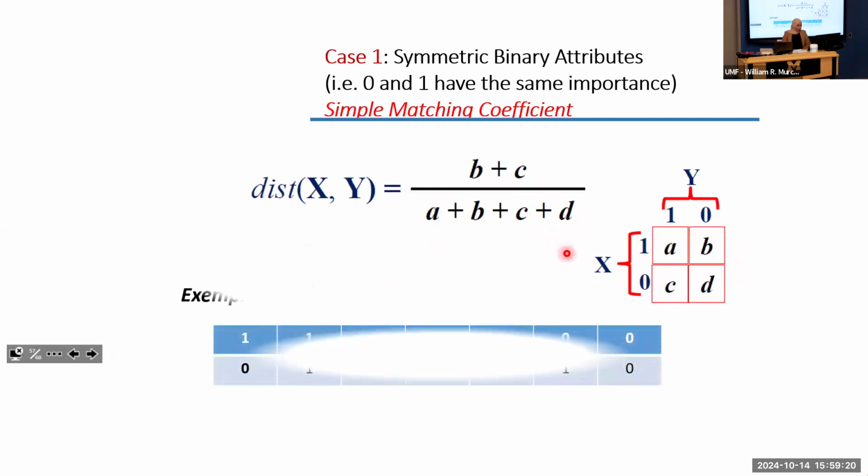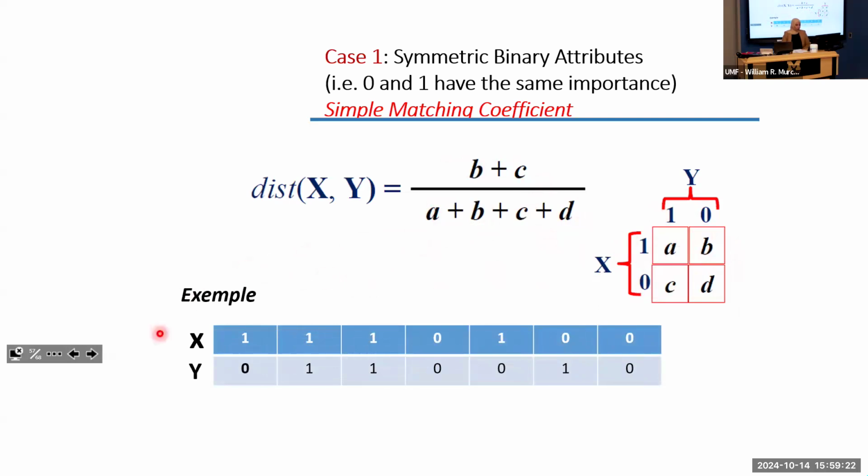Now let's measure the distance between this X having these attributes and this Y having these attributes. How to do this? It's just a ratio of the number that are different over the total number. So how many for each one?